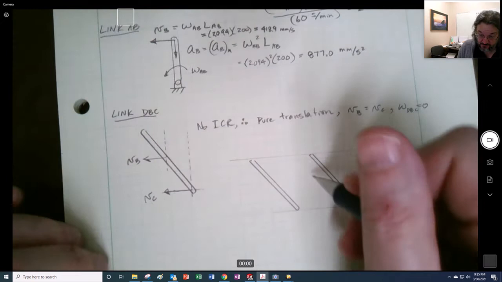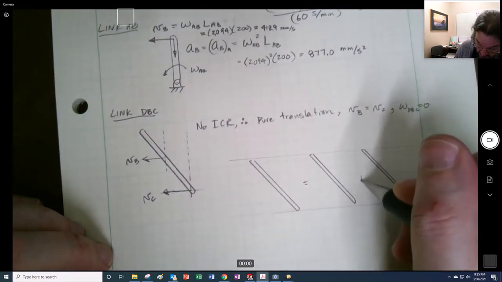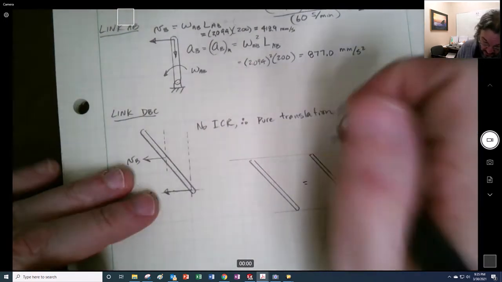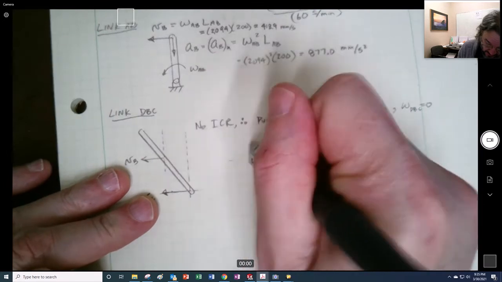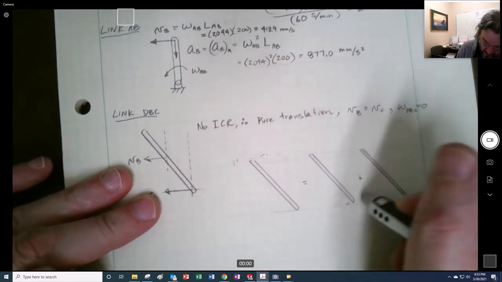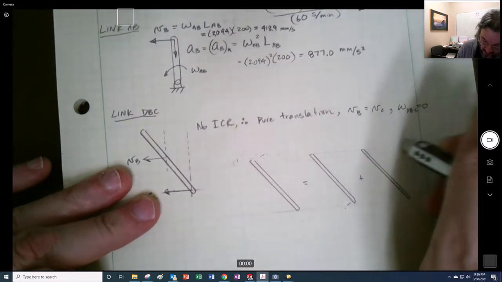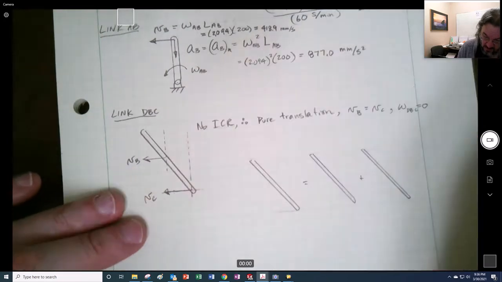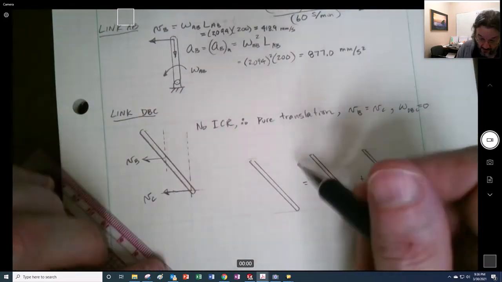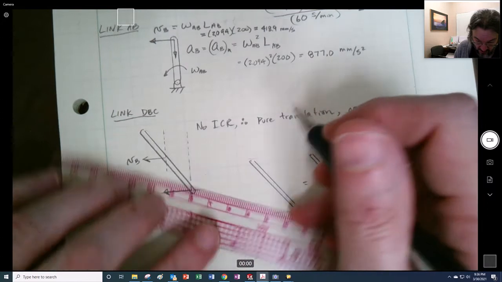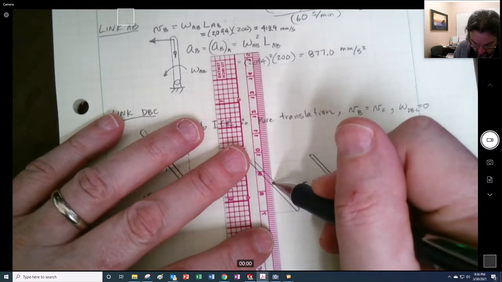There you go. So here is our, all right, so we're going to put in our acceleration that we know.